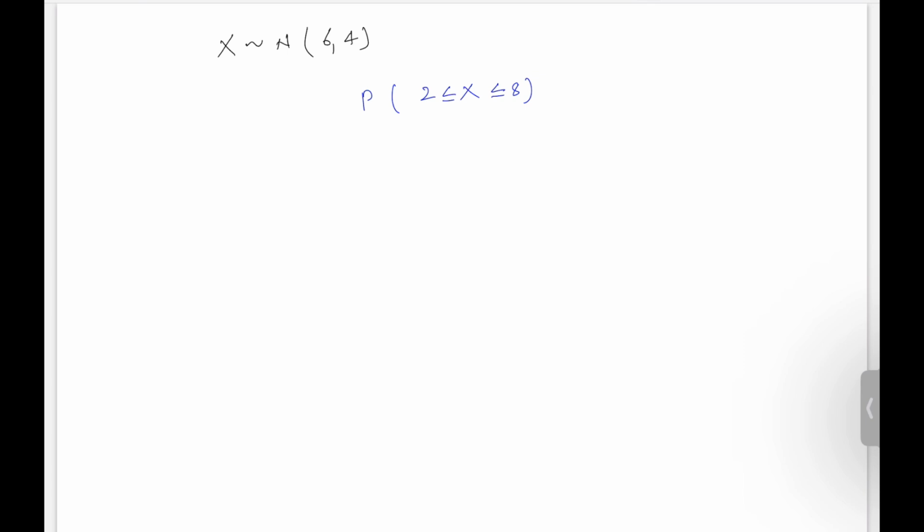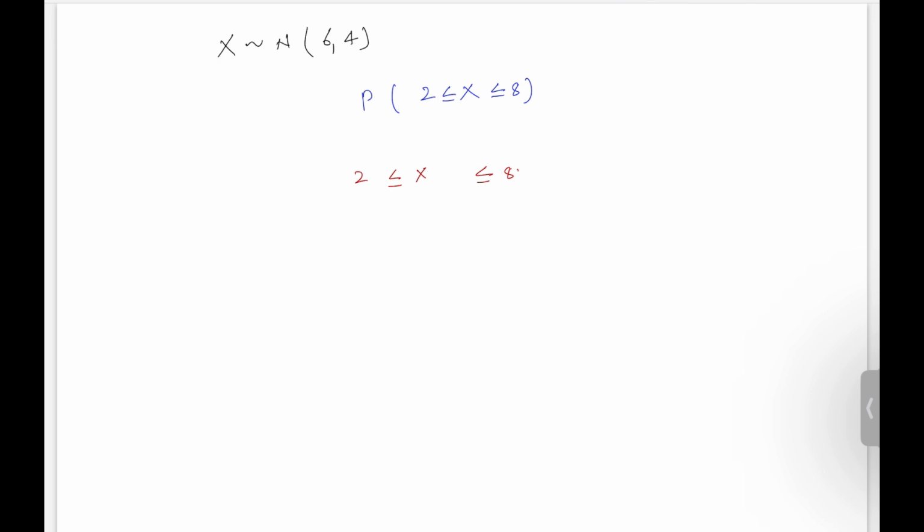We are interested in finding the probability that the random variable takes a value greater than 2 and less than or equal to 8, and the expected value of this random variable X is 6, and the variance is 4. So we are going to bring the mean to 0 to make the general normal random variable a standard normal random variable.